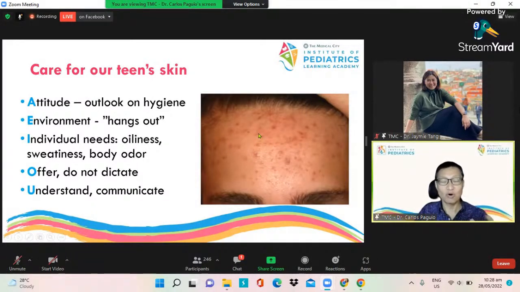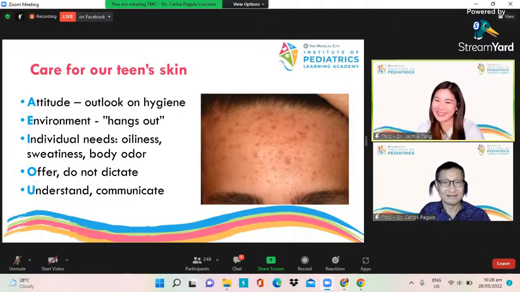They come from oil glands. Let's just be clear. Lahat po ng pimples nanggagaling sa oil glands. And for the common pimples, we know for a fact that more or less 85% of the adolescent population, or maybe in the entire population of the world, will have pimples. 85%. But there is the 15% that do not have pimples. Yan po ang sumasali sa Miss Universe. Swerte naman nila.